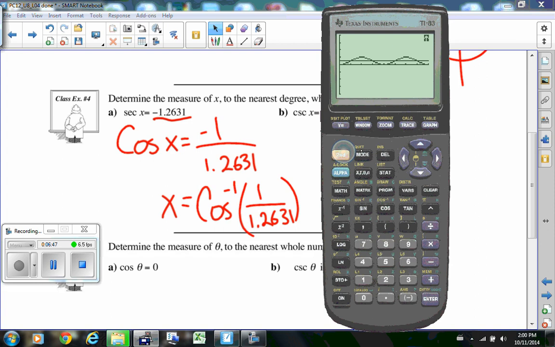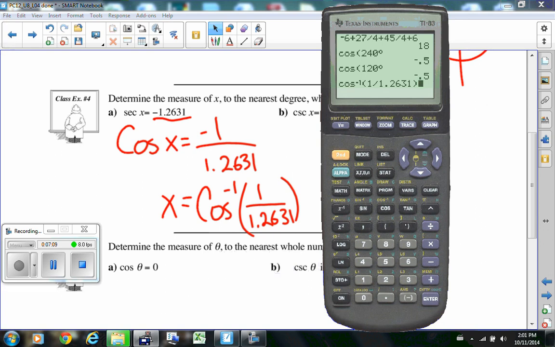I just type this in here, use my cos inverse or arccos button. Now you might be saying to yourself here, Mr. McManus, I'm pretty sure you mean negative 1 over 1.2631. I don't, in this case.